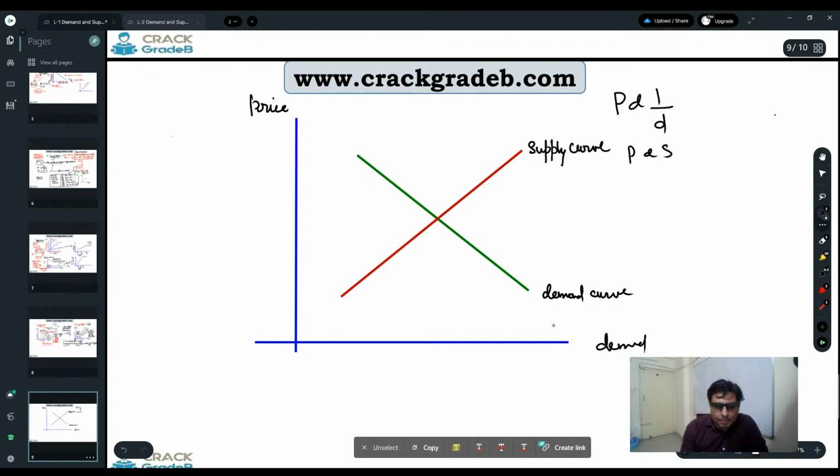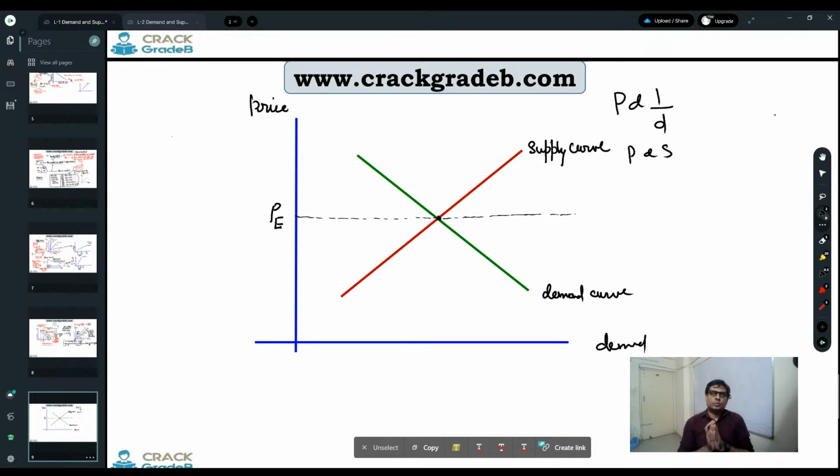So now we can see that at a particular point, the demand and supply curves intersect each other. This is price PE, and why is price PE important? This is the price where demand and supply are going to be equal.